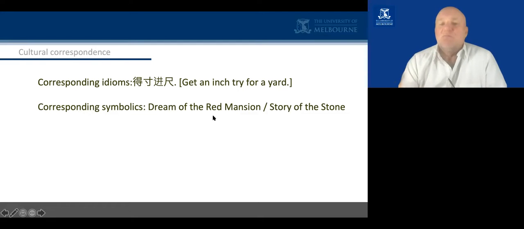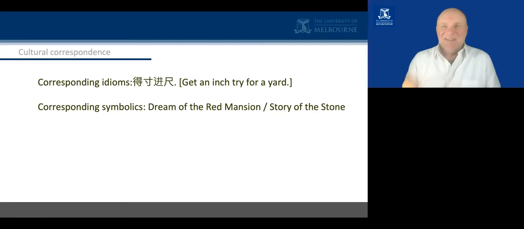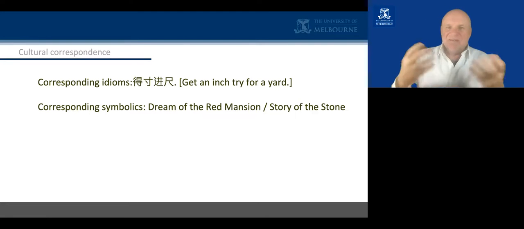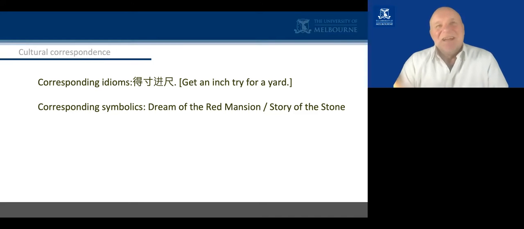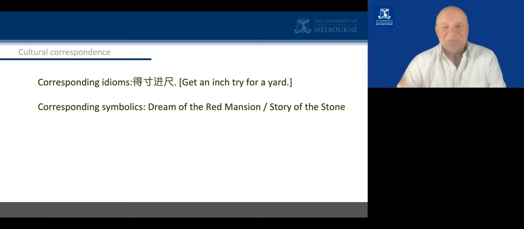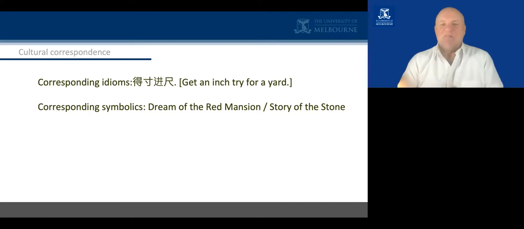They got rid of the red, and the argument was that red in Chinese means joy, livelihood, good, fun, and red in English means danger, watch out. So the argument was that the symbolics of red does not correspond, and therefore we will replace it with another title.